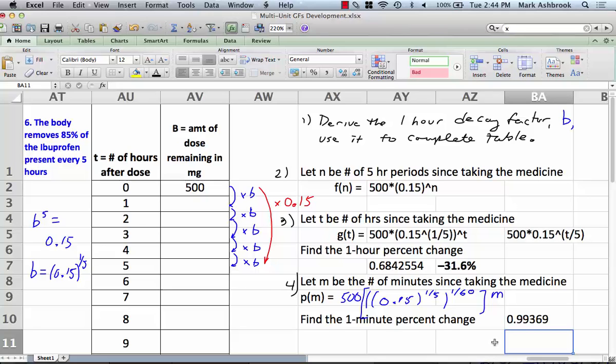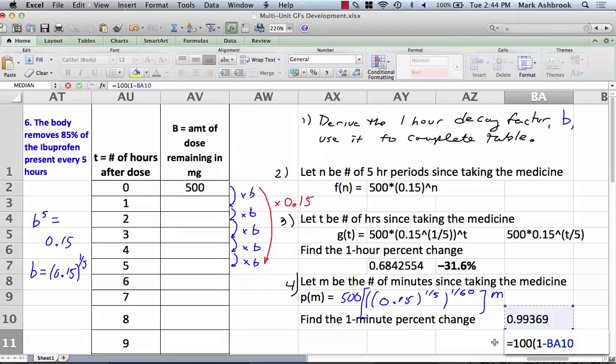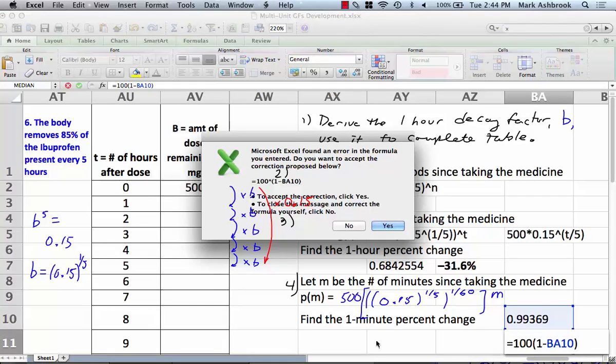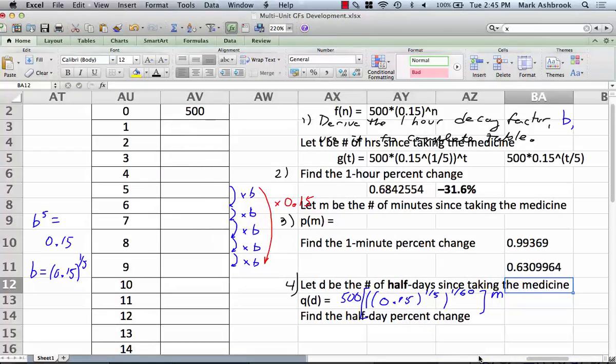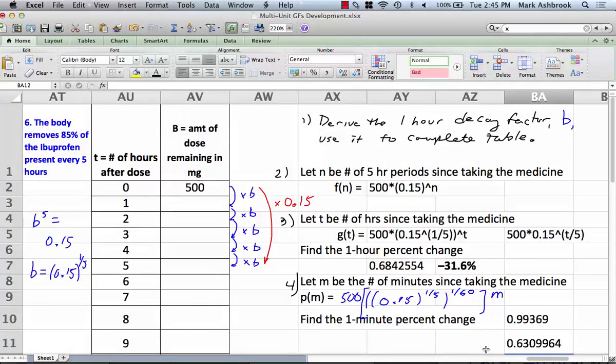And so what is the percent change? Actually, 1 minus that, multiplied by 100. Right, exactly. So percent change equals 100 times 1 minus that. 0.63%. Is that right? Yeah. 0.63% that goes down every minute.